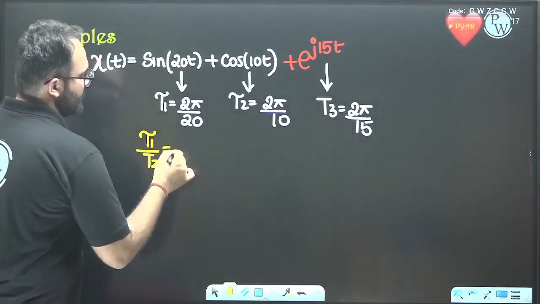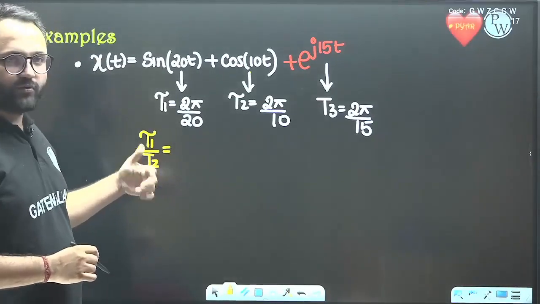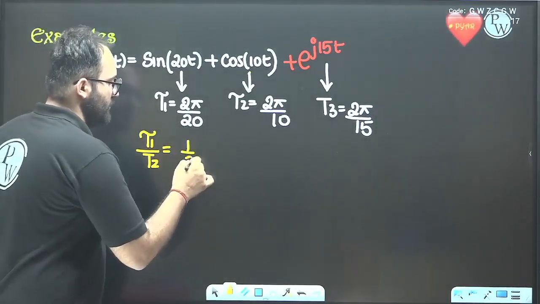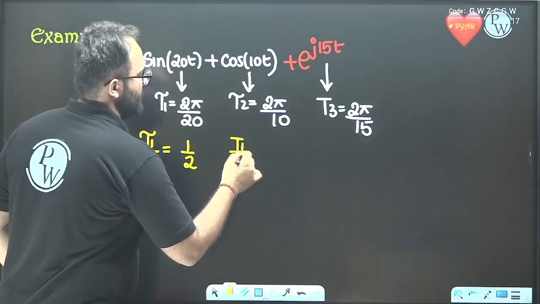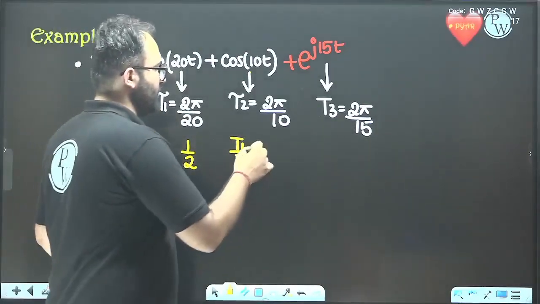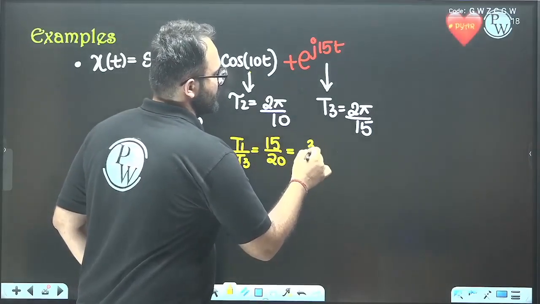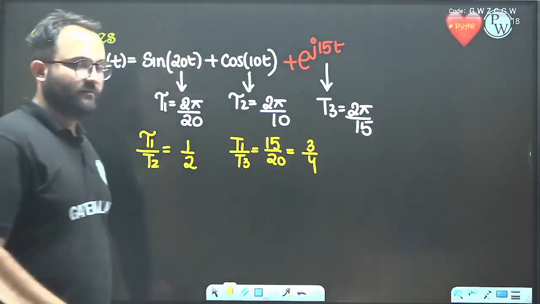T1 upon T2, that is 2 pi by 20 divided by 2 pi by 10. This will be 1 by 2. Now T1 upon T3 is equal to 2 pi by 20 divided by 2 pi by 15, that is 15 by 20. This is 3 by 4. Okay, 3 by 4.